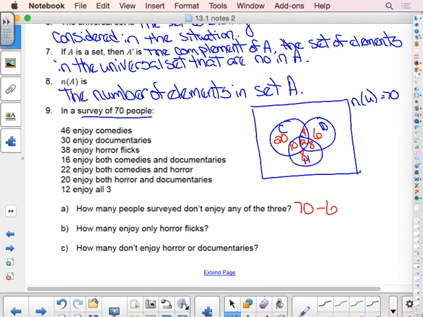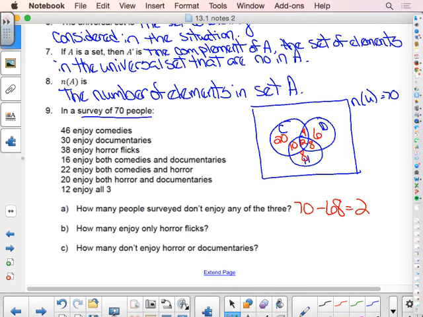So 68 people have listed comedies, documentaries, or horrors. So that leaves 2 people who are in the universe who are not in any of those subsets C, D, or H.